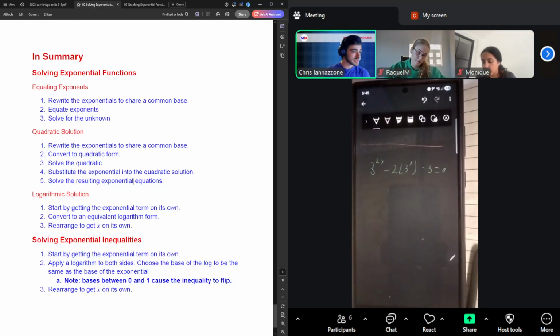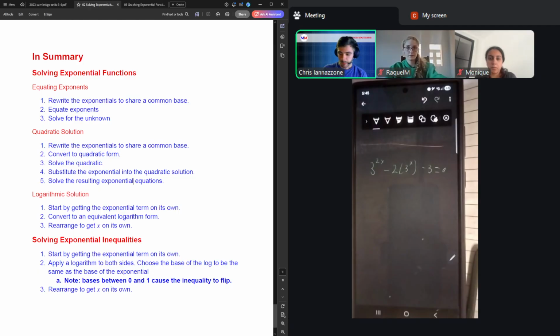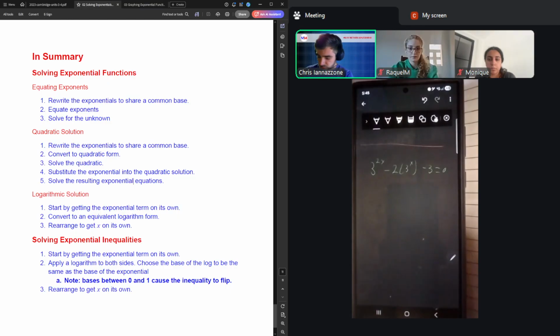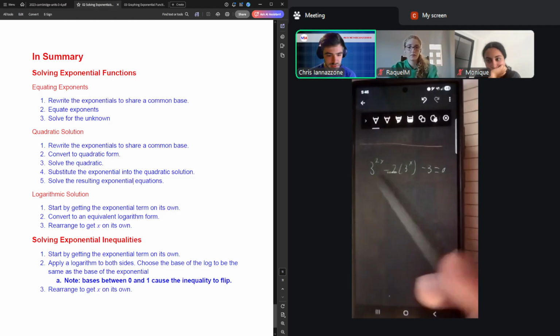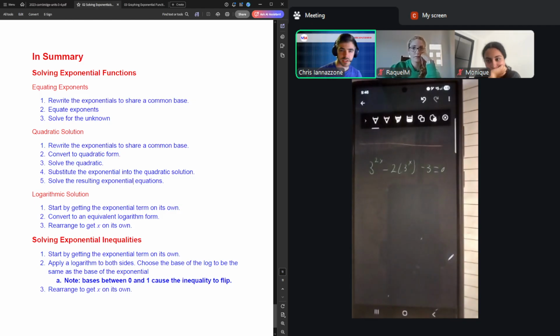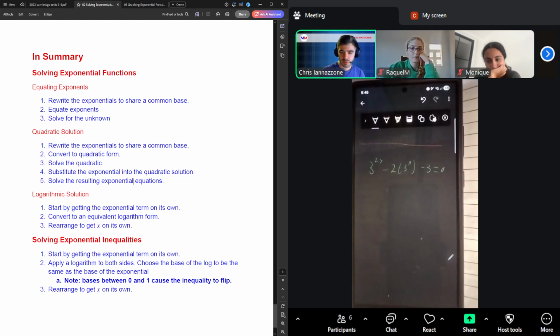Cool. So step one says make sure that all of the exponentials share a common base. The base of an exponential is the thing that is being raised to the power. Step one you'll usually have to do in most exam or SAC cases because they want to test your understanding. In this case, they already both have the same base of 3. So there's nothing actually to be done here, but it's more applicable when you get it into the exam or SAC. So no worries, step 1 is already done for us.